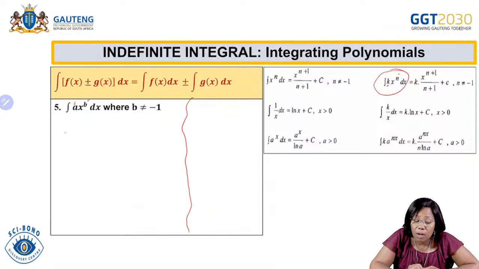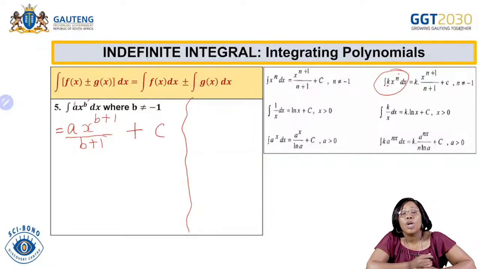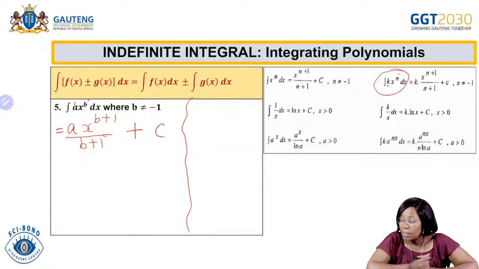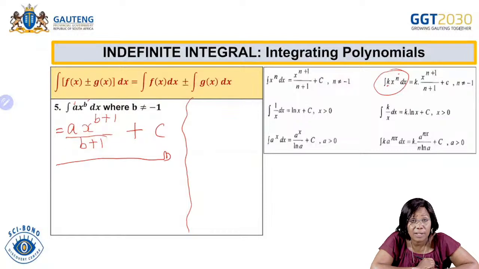This rule says leave the constant value a, and then take x on the exponent, add 1, that will be b plus 1. Take the exponent to be the denominator, that will be b plus 1. Can you see, grade 12? We have now integrated. Remember, if you have integrated, you must bring in your plus c. So that is your answer, grade 12. You can't simplify this further than that.